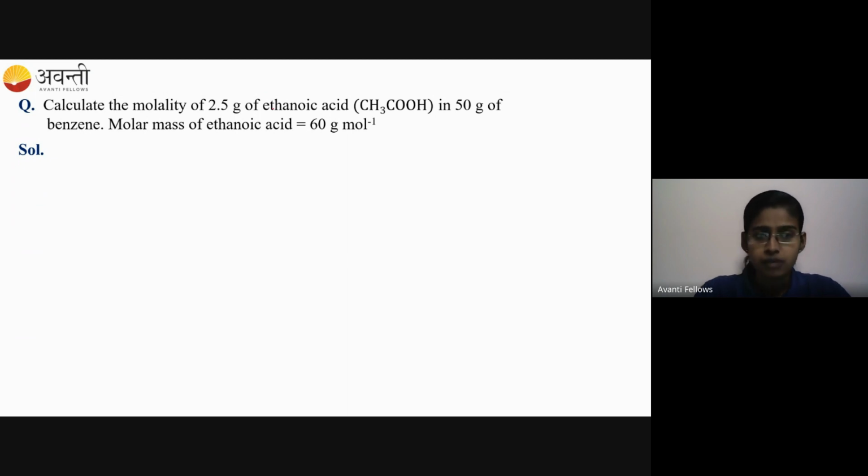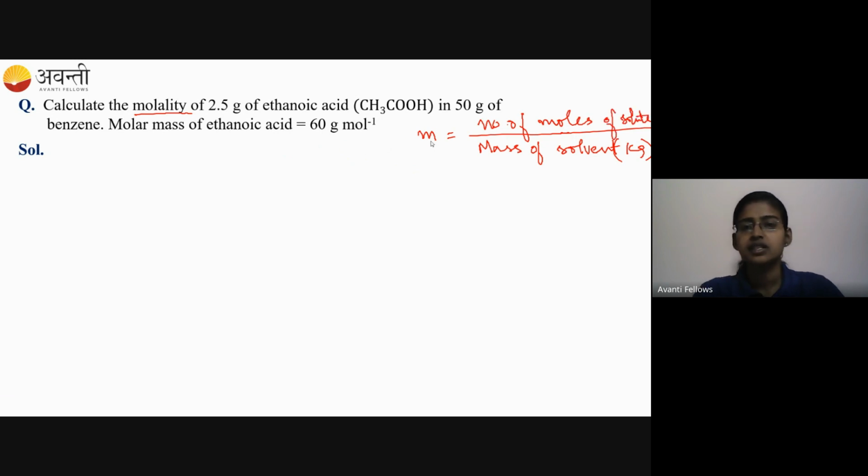So what is the formula to find out the molality? Molality is equal to number of moles of solute divided by mass of solvent in kilogram, right? It is the number of moles of solute by mass of solvent in kilogram.